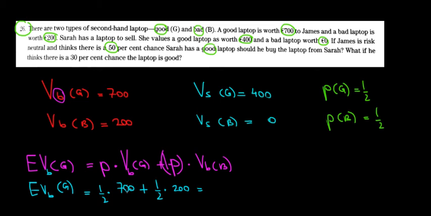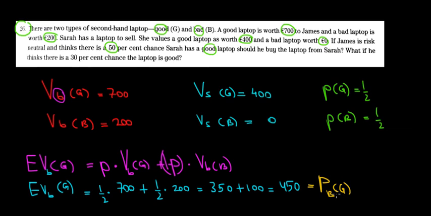If we do the math, 700 divided by 2 is 350, 200 divided by 2 is 100, so in total he would be paying 450, because the expected value is how much he would be willing to pay, since it already takes into account the fact that he will get either a good or a bad laptop. So he accounts for the probability of getting a bad laptop as well, meaning that this would be the maximum willingness to pay, the price that he would be willing to pay to get a good laptop.